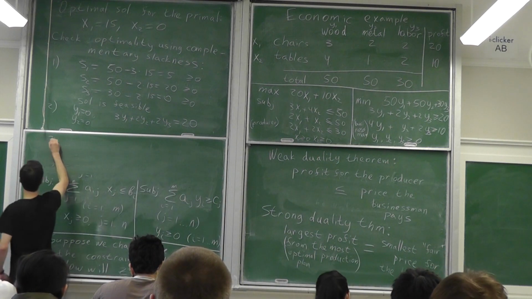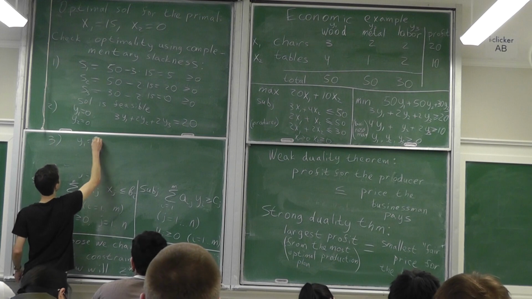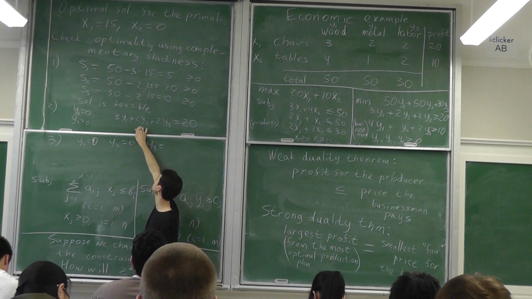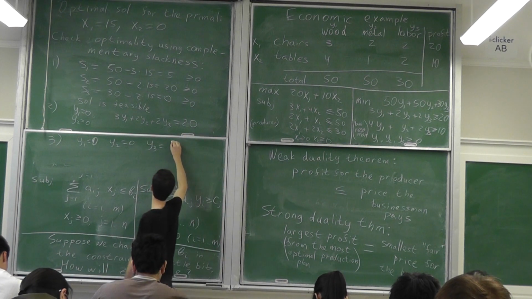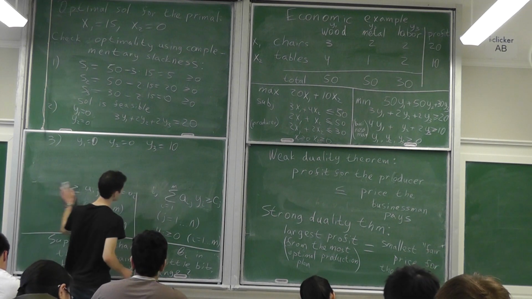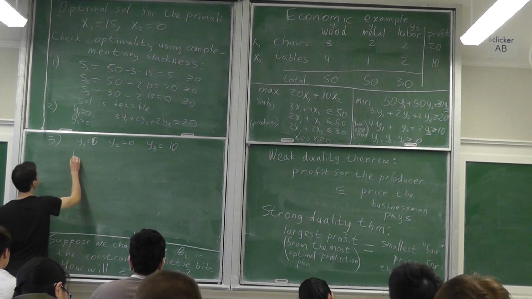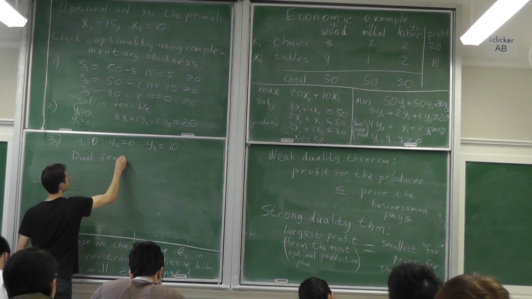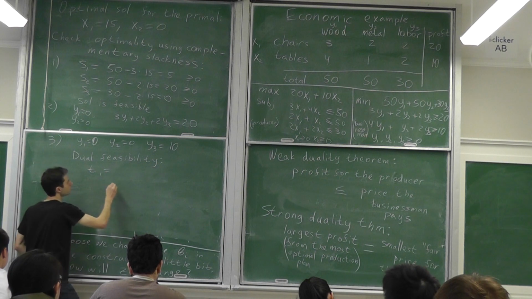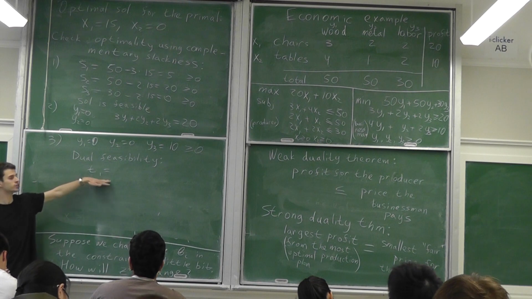Third step, let's solve these equations, which is very easy. y1 is equal to 0, y2 is equal to 0, y3 is, well, here I have 0 plus 0 plus 2 times y3 is 20, so y3 is 10. And check dual feasibility. Each one of those is positive, which is good. And the slack variables, well, the first one must be 0.